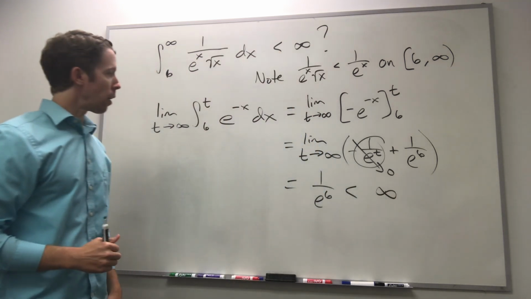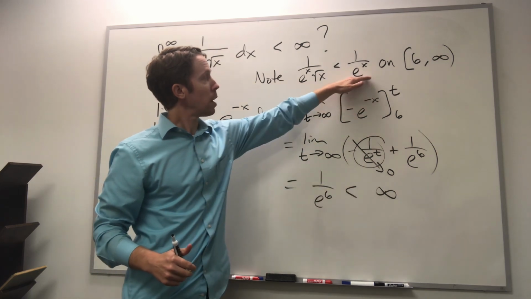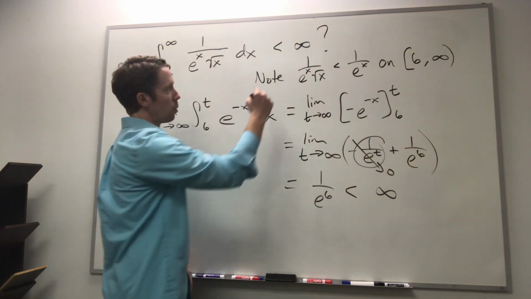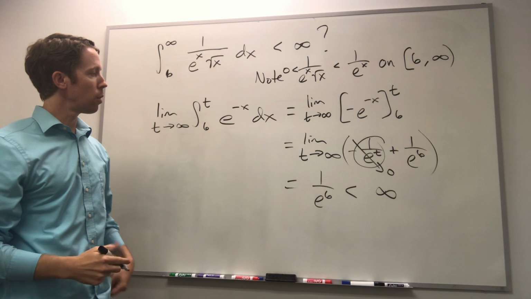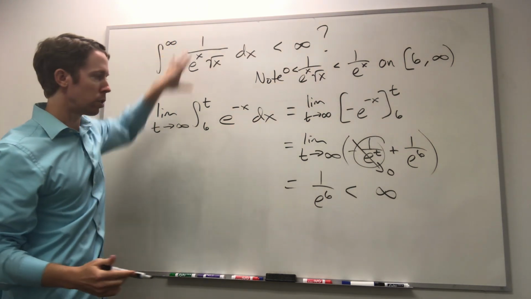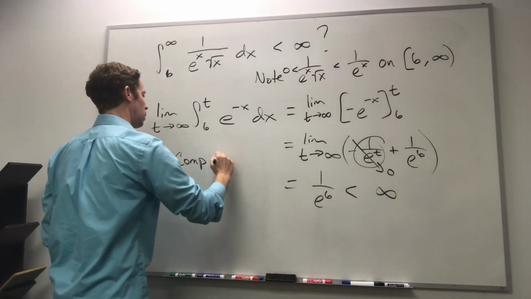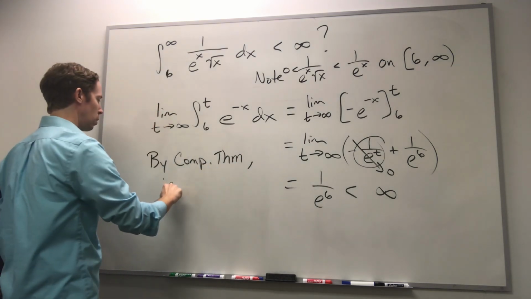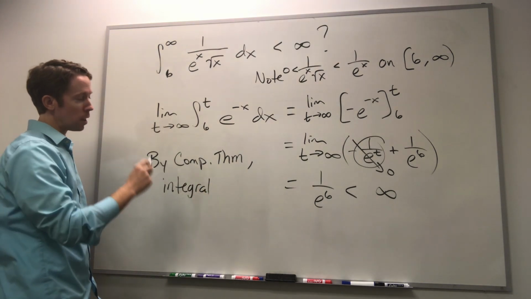And now I can say since I know this, and I know that this function is smaller than that one, and by the way, this is positive, it's bigger than 0, by the comparison theorem, this must also converge. So, by the comparison theorem, the integral converges.